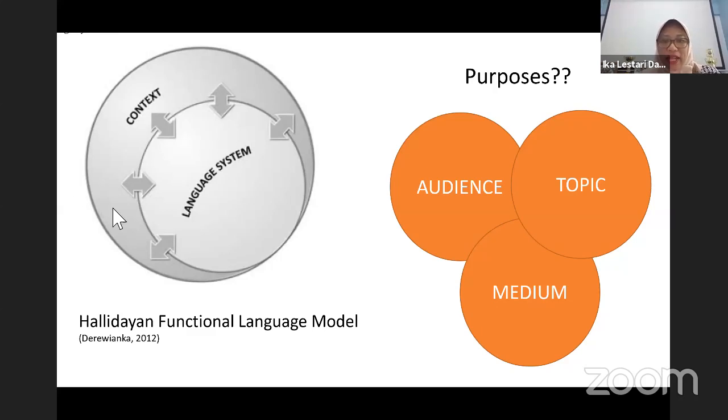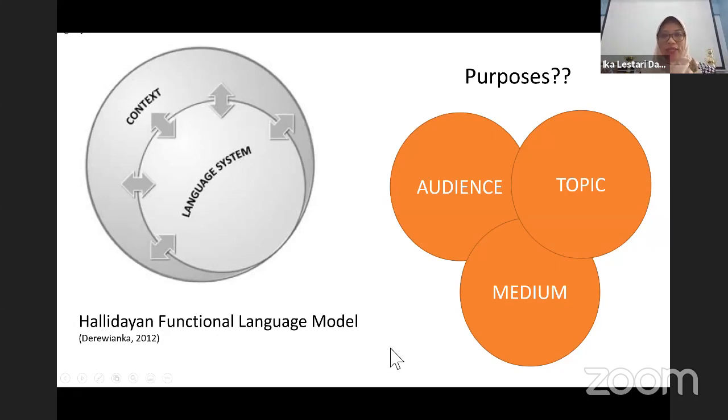And the other thing about context that can help us design our presentation is our knowledge about the audience, who will be the audience of our presentation, and what the topic or the content of our talk is, whether we talk about something commonsensical or something requiring specialized knowledge, and what kind of mode, what kind of channel, what kind of medium.